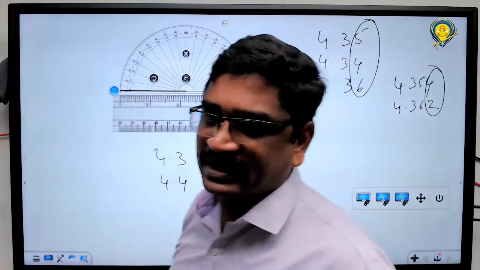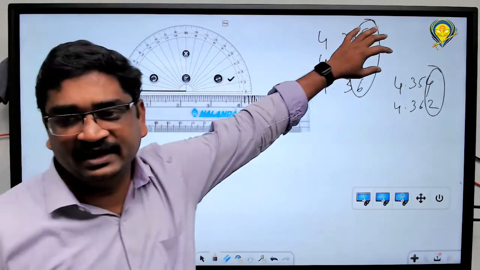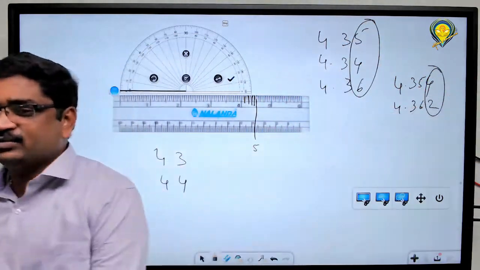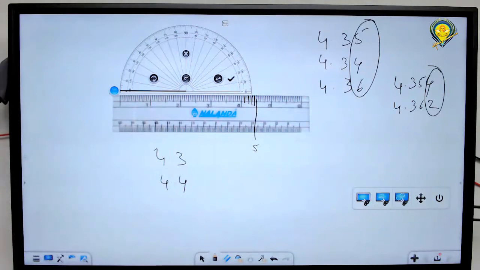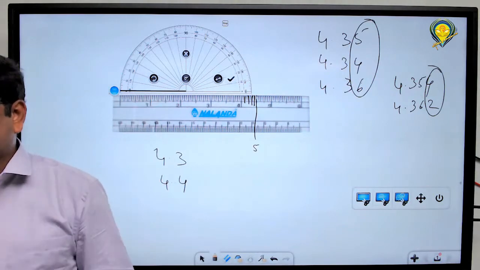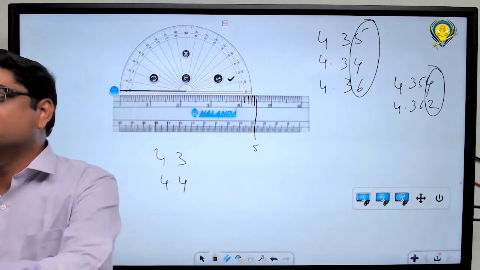So which is more accurate? These are the readings of a normal scale. These are the readings of a vernier scale. These are the readings of a screw gauge. Now which is more accurate? Screw gauge. How do you say that it is more accurate? That is based on the number of digits after the decimal point. If more digits are there after the decimal point, that is more accurate.